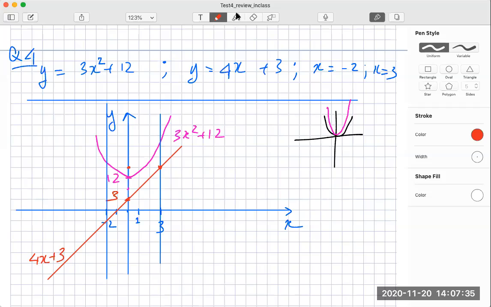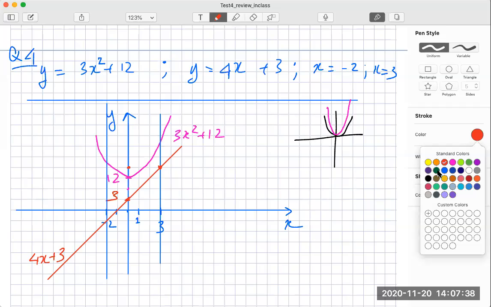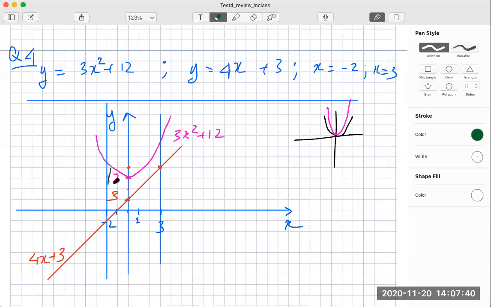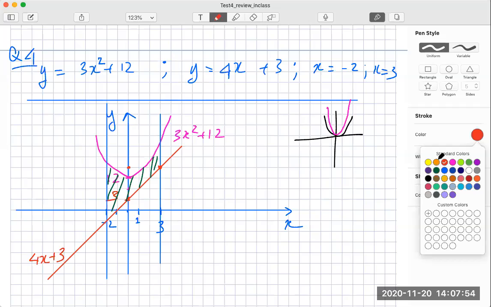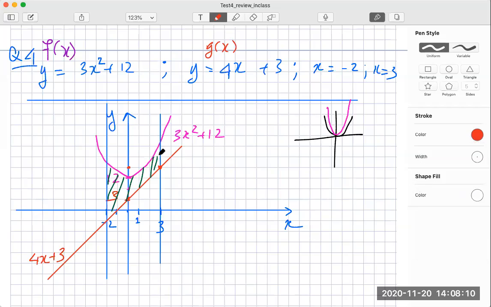Now from the given information, we know that the region bounded by these lines would be this area. Okay? If we call this function f, and this is the function g, then we know that f is always larger than g, right?